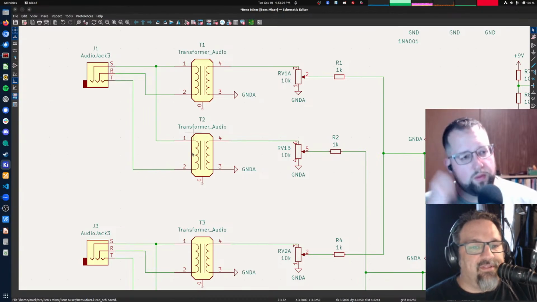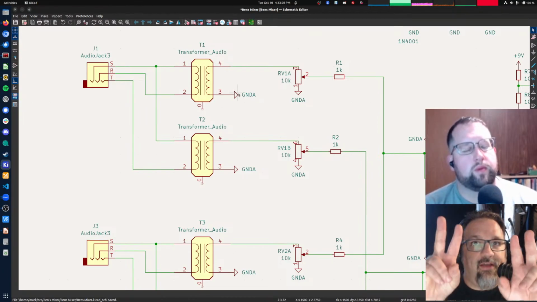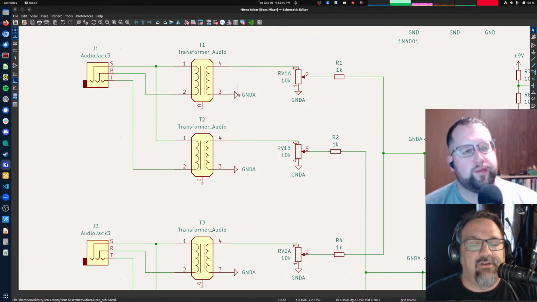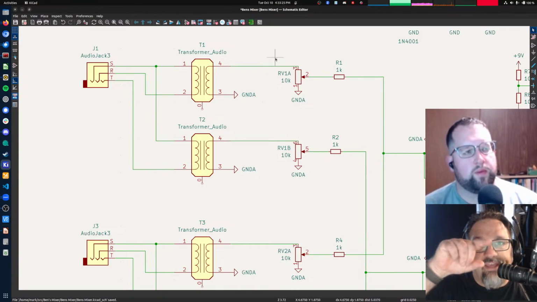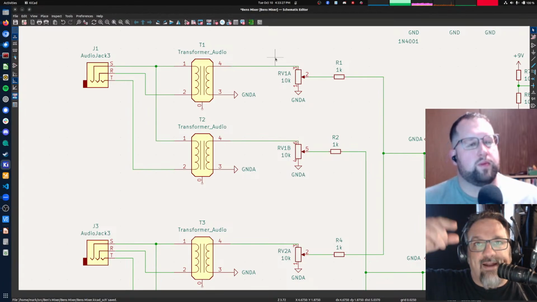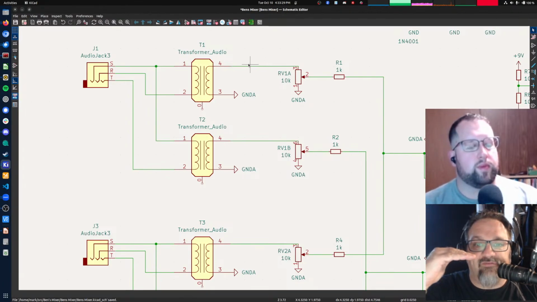But we have a transformer that's performing that isolation for us, and so we are generating our own analog ground. And so the audio on this line will be going up and down above 4.5 volts. So if we've got a 1 volt peak-to-peak signal, it'll go up to 5 volts and down to 4 volts and up to 5 volts and down to 4 volts. So it will be oscillating around the center point, which is 4.5 volts.